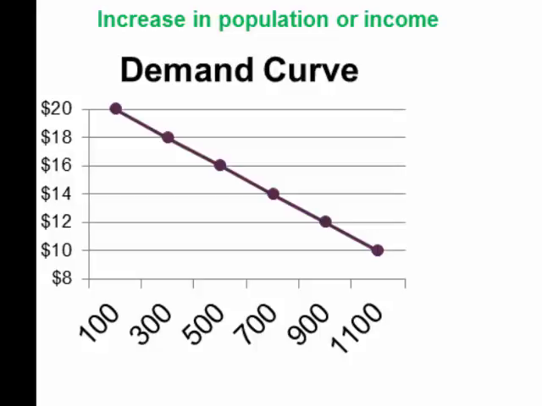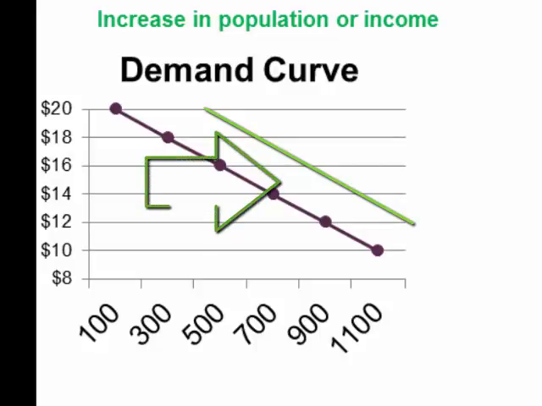In that case, the demand curve will shift to the right. And when it shifts to the right, that means people will buy more of that product, in this case DVDs, at the same price point. So they didn't get cheaper, but more DVDs are being bought just because there are either more people buying DVDs, an increase in population, or people can afford to buy more, so they will, an increase in income.